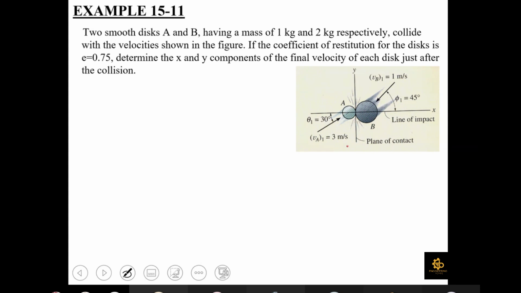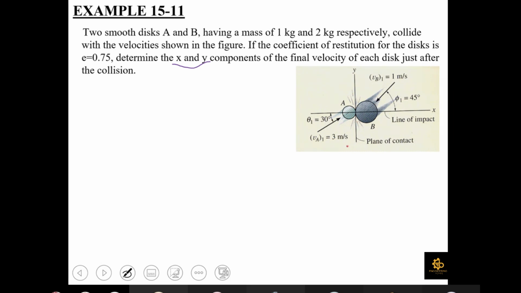Similarly, particle B was traveling with a speed of 1 meter per second at an angle of 45 degrees with respect to the line of impact before collision. These two particles collide together, and the coefficient of restitution during collision is given as 0.75. After collision, you need to find the final velocity of each disk, the x and y components of each velocity after collision.